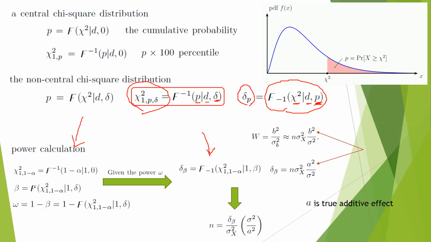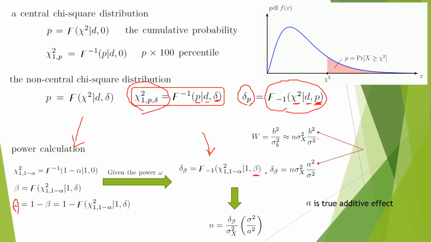So this is one way. In that case you need to show, okay, with this many samples, what is the power you can achieve. Or if you want to achieve some power, let's see the power here. This is a type 2 error, so power is equal to 1 minus beta, right?